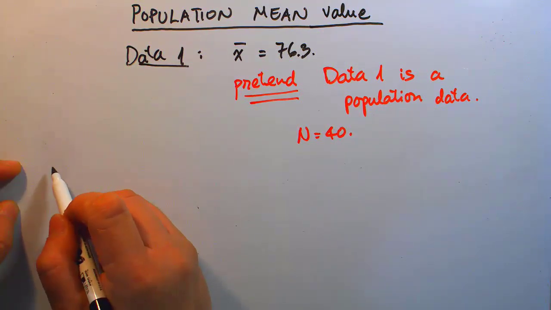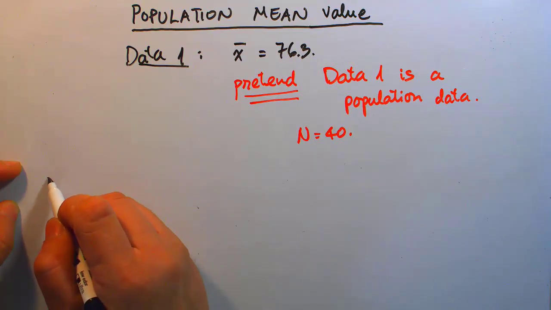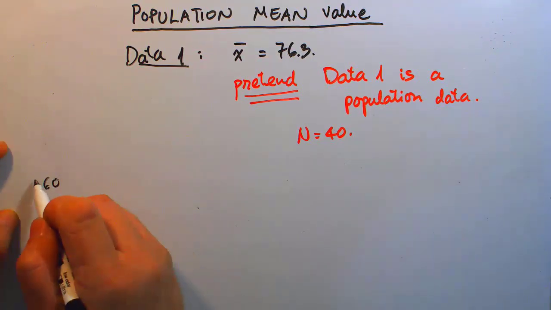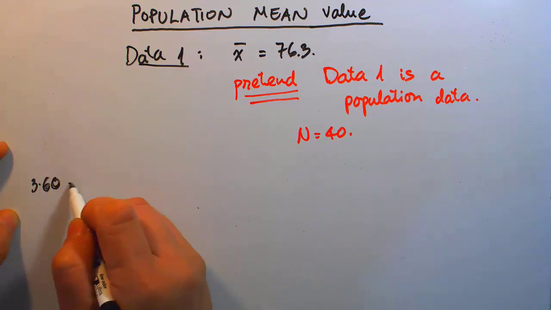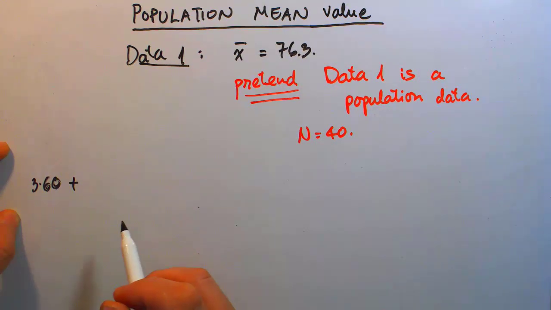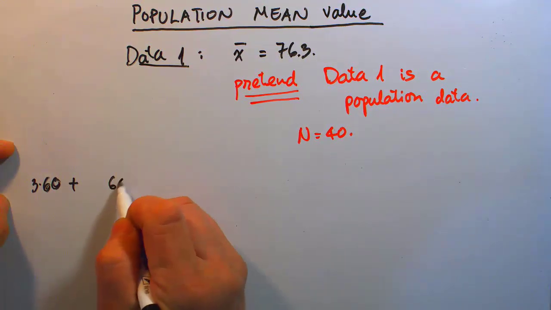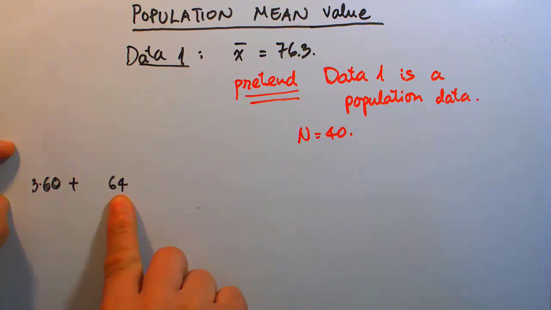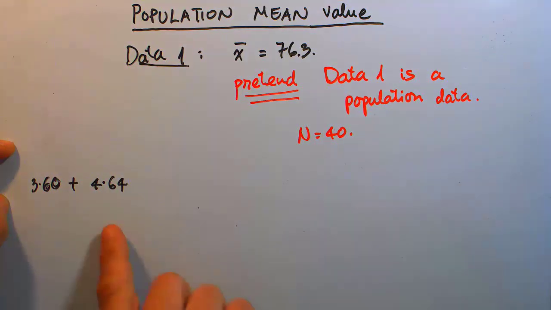Since data one started out with 60s, and we have 3 60s, I'm going to write 3 times 60. Then I advance to the next distinct data value, which is 64. There are 4 64s, so that would be 4 times 64.